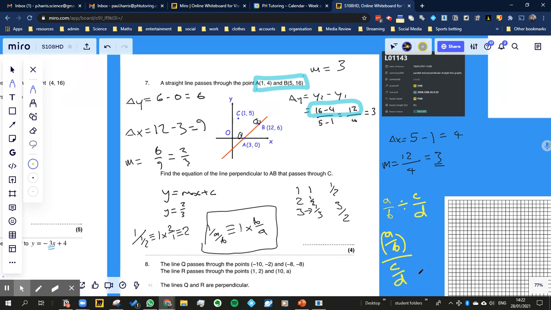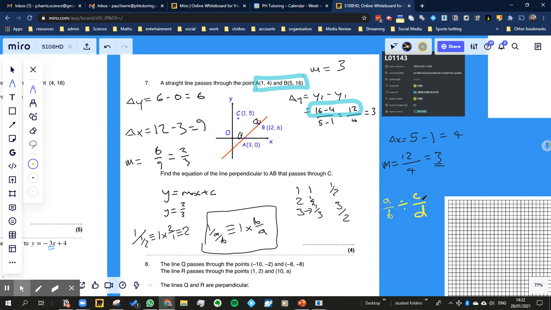Well, there is just a cunning little trick, and I will probably prove it as well. But for now, I'll just tell you that with the second one, I can flip it.